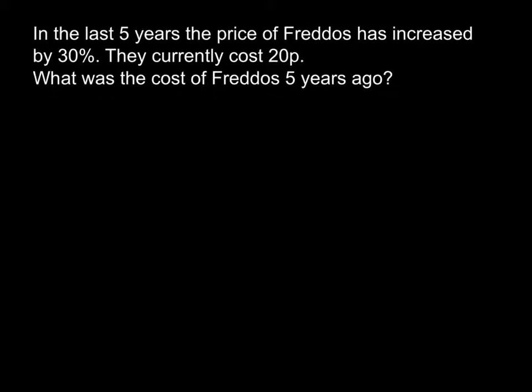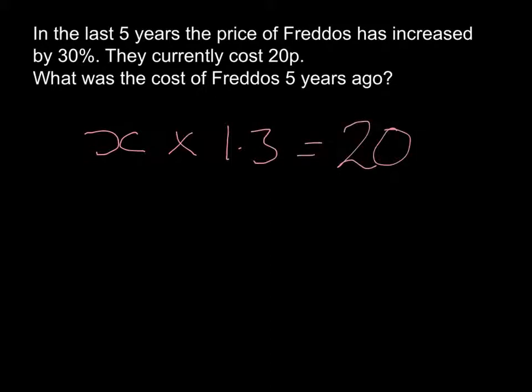So if we go through the same steps as we did prior to this question, the price of Freddos before the increase, well, we don't know what that is, so that's X, and it's times by, well, it's increased by 30%, so that's 1.3, and that equals our new cost of 20 pence.